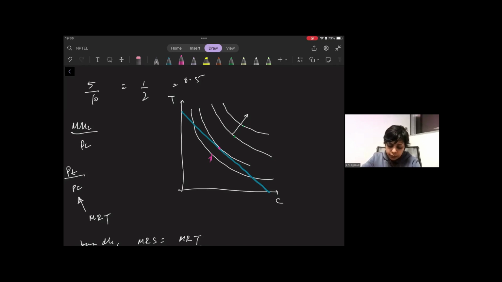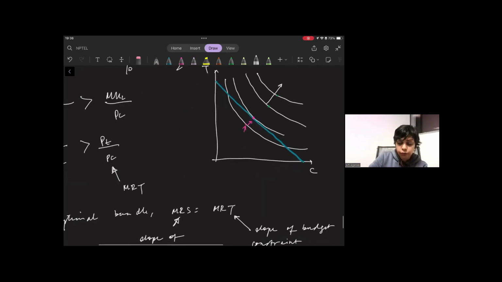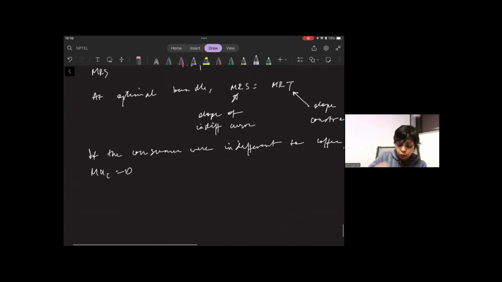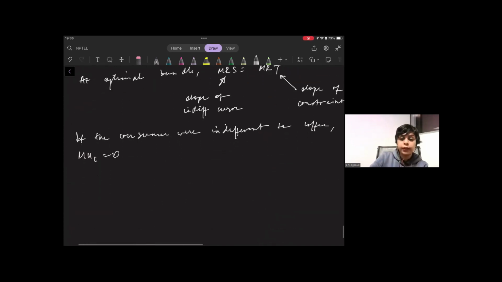So you will increase your consumption of both tea and coffee. I'm answering this because I think somebody said they will not consume coffee at all, only the other good, which is not the case. If we knew there is no utility from consuming that good, then they would.